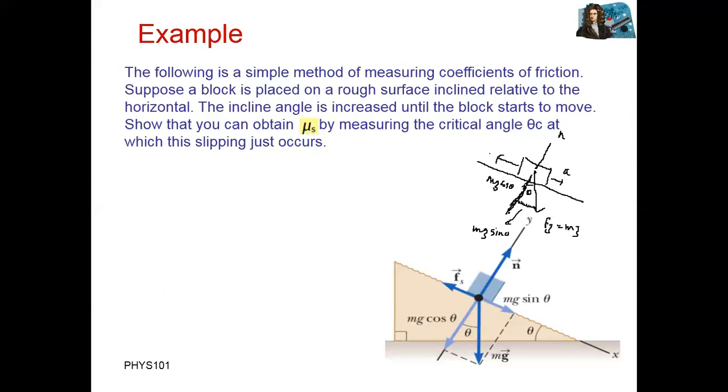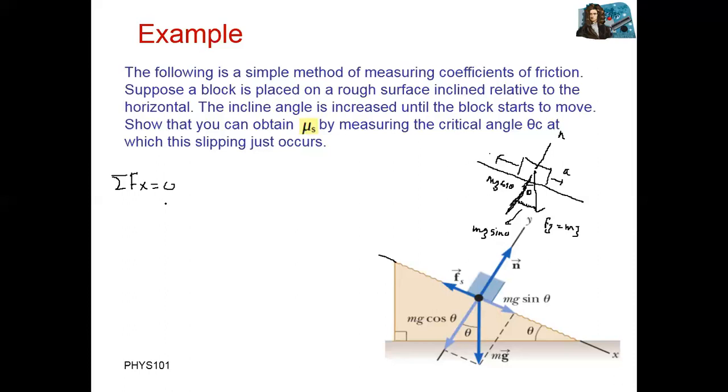Now, how many forces are along the x-axis and how many forces are along the y-axis? If we consider this body in a state of rest, the sum of all forces on the x-axis is equal to 0. Why? Because the body is at rest. Sum of Fx is equal to 0. Now we consider this surface. This one is the x-axis, and this one is the y-axis. The sum of all forces along the x-axis is equal to 0 because there is no motion. We consider this body at rest.